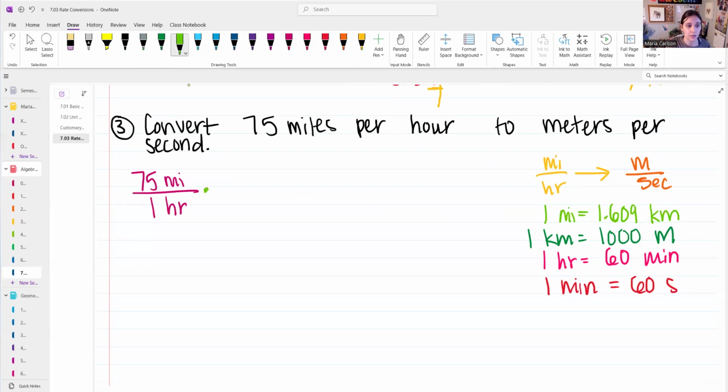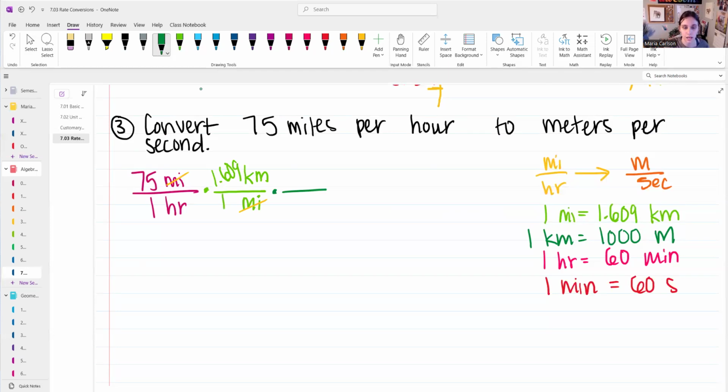Okay, let's focus on converting miles into meters. And first, I'm going to multiply by a conversion factor and try to get miles into kilometers. So I need miles in the bottom, kilometers on top, and 1 mile is 1.609 kilometers. So now the miles are going to cancel. And we now are in terms of kilometers, so I can turn kilometers into meters.